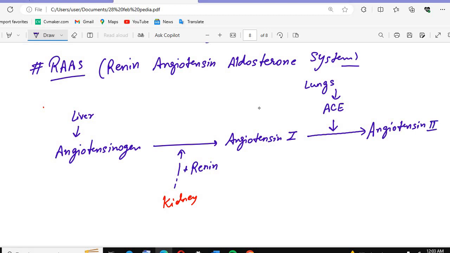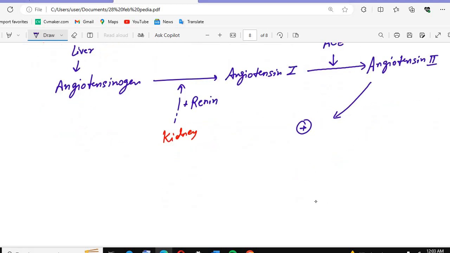What will this angiotensin 2 do? They stimulate sympathetic activity, like an increase in heart rate. Along with that, they have a role on sodium and chloride.